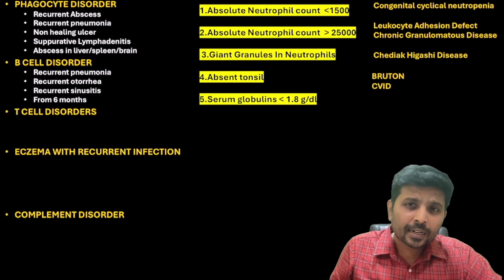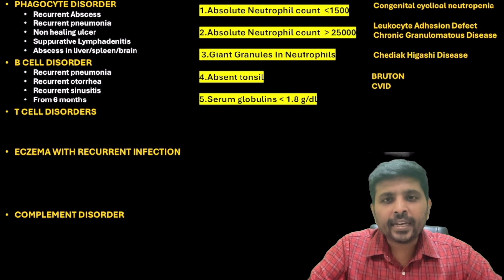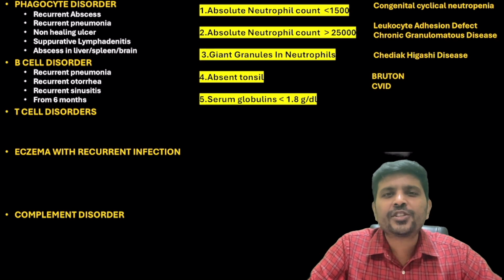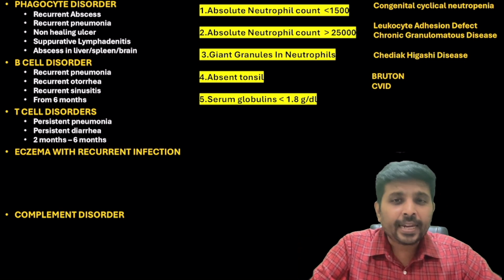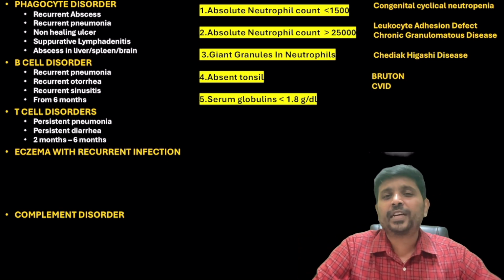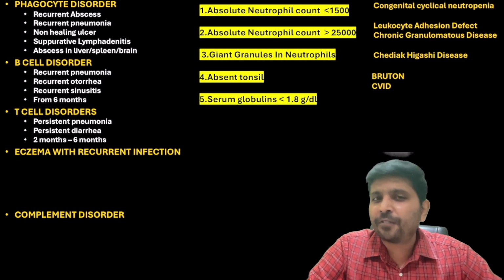T cell disorders are the master orchestra. He is the one who controls each and every cell in the body. So when T cells are absent, it immediately manifests after birth, invariably between 2 to 6 months of life.